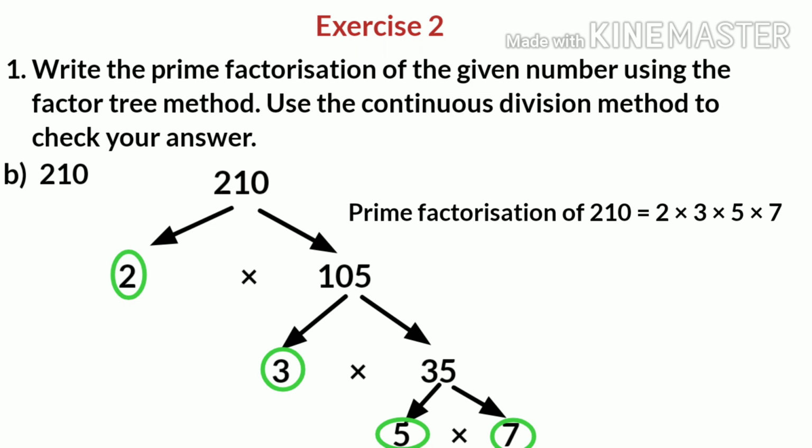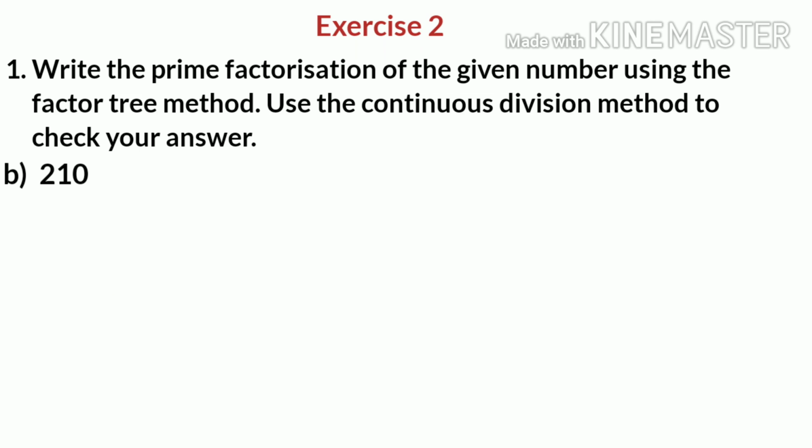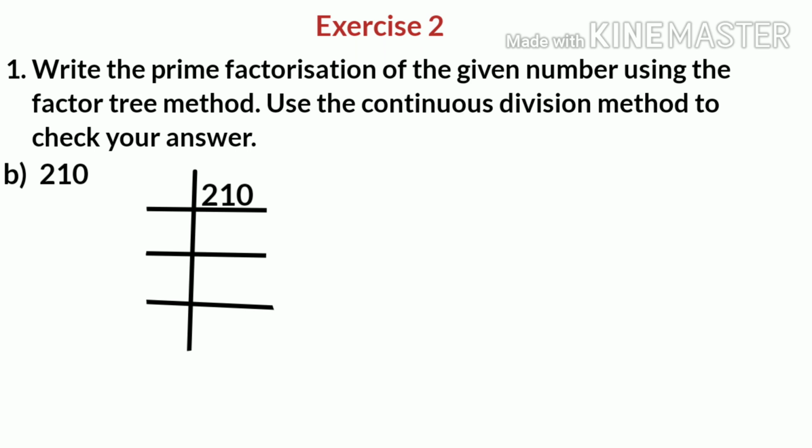Now, to check our answer, we will use the continuous division method. In this method, we will first divide 210 by its smallest prime factor. Since the last digit of 210 is 0, it can be divided by the smallest prime number, that is 2. So when we divide 210 by 2, we get 105 as the quotient.